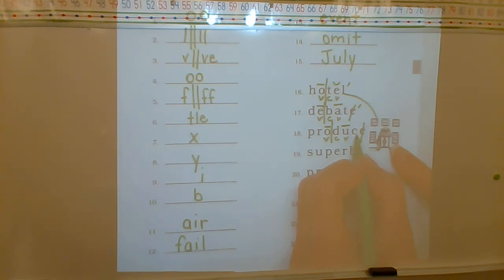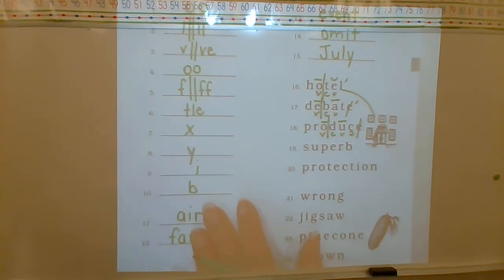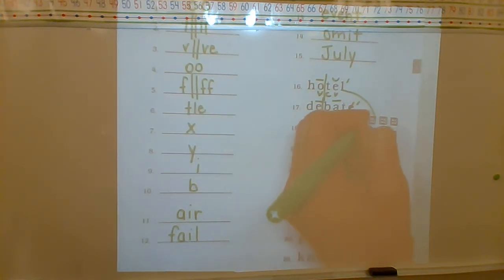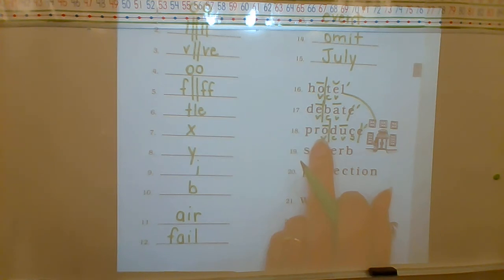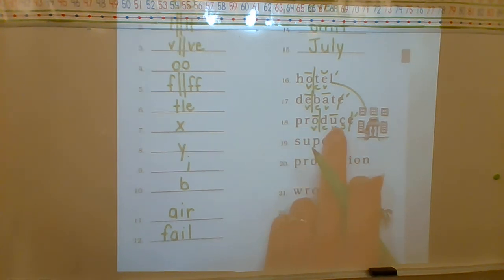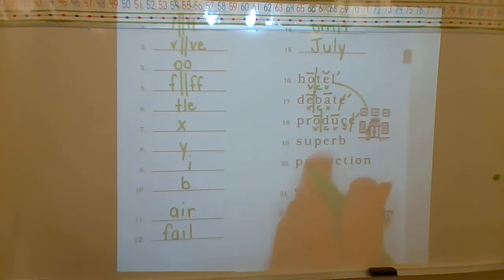And that's either a K back C or a cedious C. But what do you see? It's followed by an E, I, or Y. So he's being a cedious C with an accent on the end. What's that word? Produce. Produce.